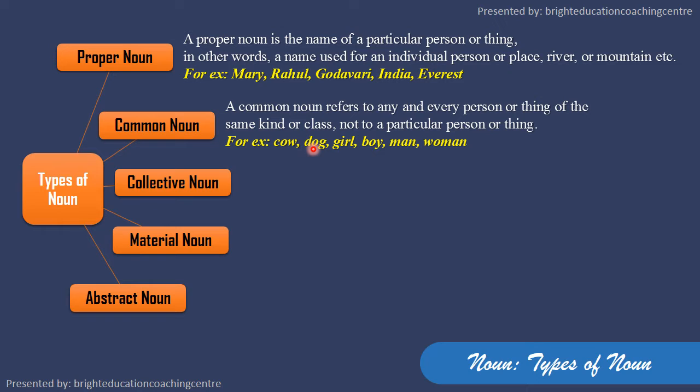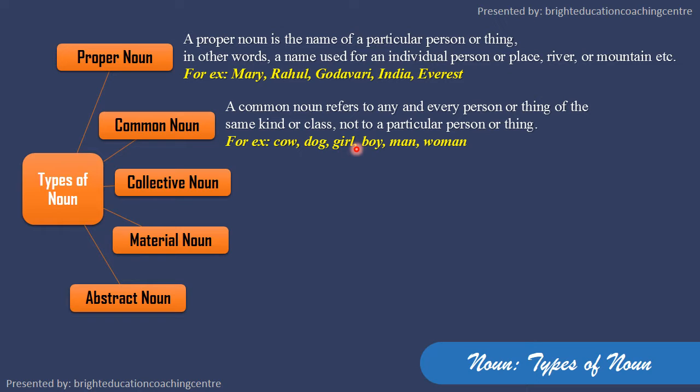But if I say that all dogs are the same, that means I am saying that all dogs in this entire world are the same, which means I am talking about a particular class of animal. Now if I say that all boys are the same, that means I am considering all boys in this entire world.